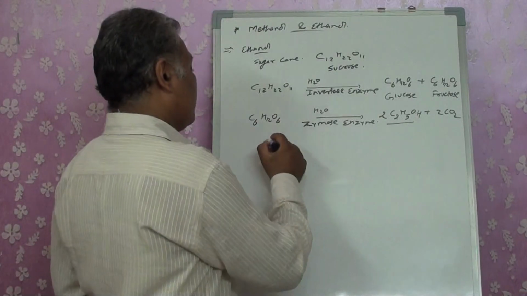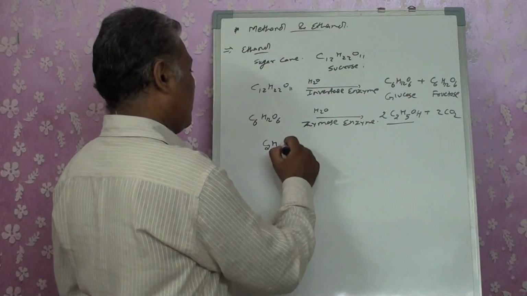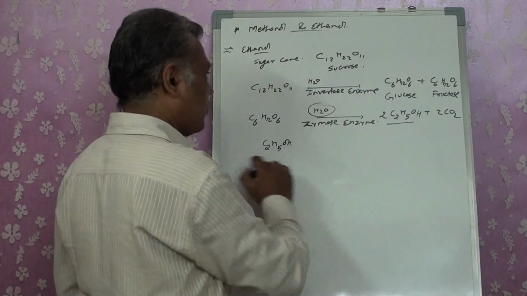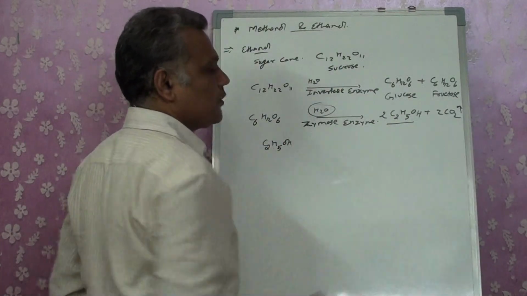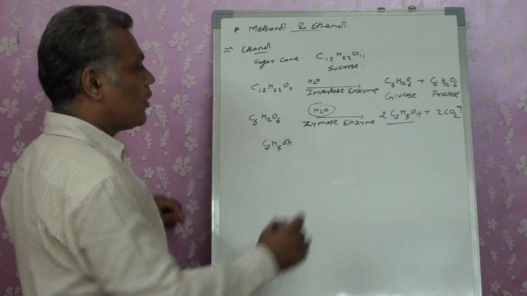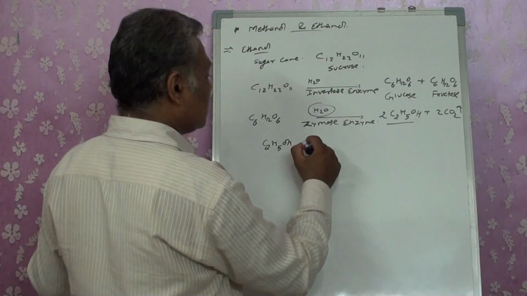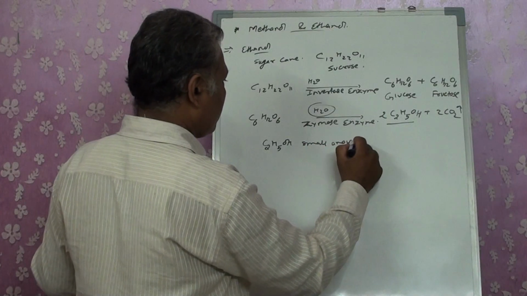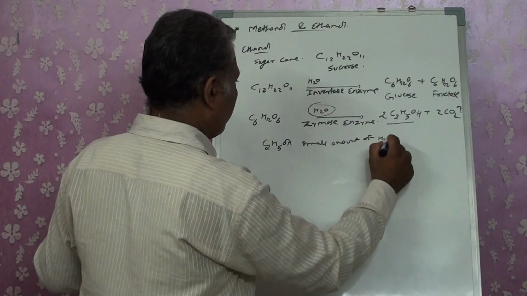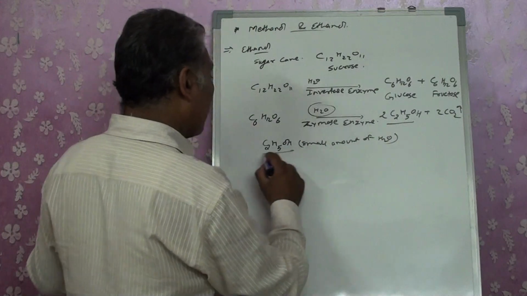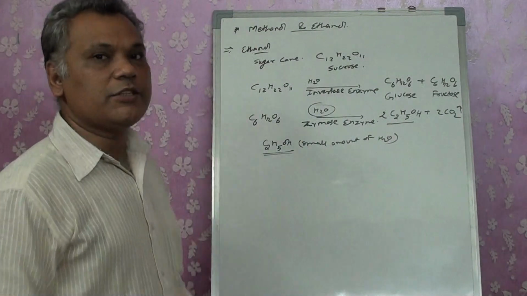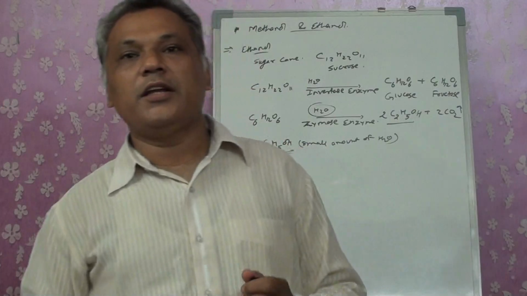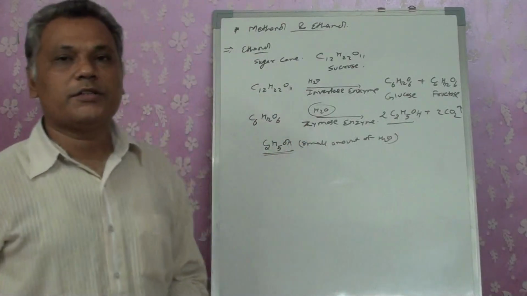This ethanol contains an additional amount of water. CO2 is vaporized, right? So it's not in pure form. It contains a small amount of water. So by distillation, the water is removed.